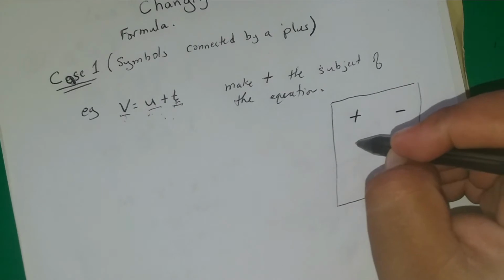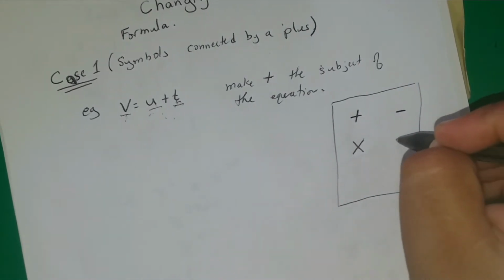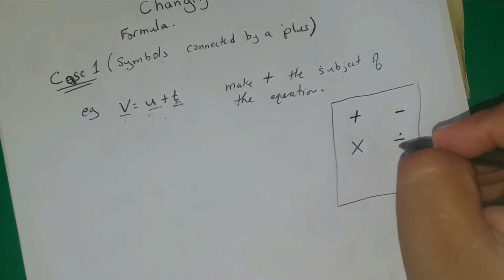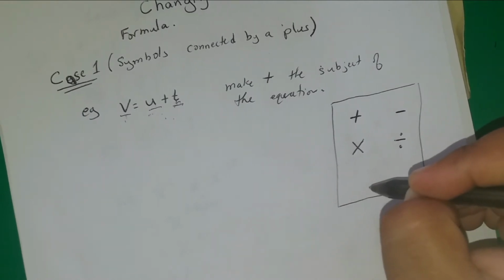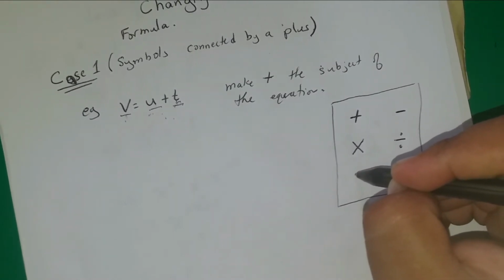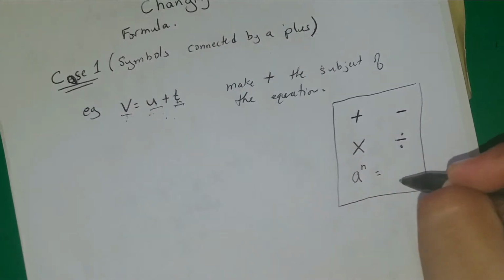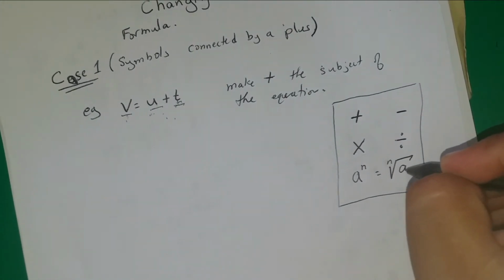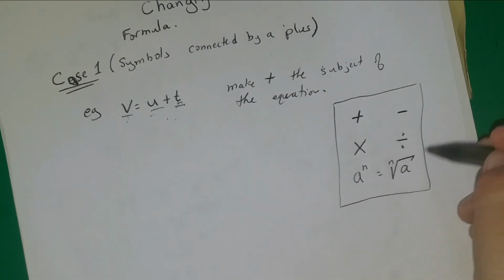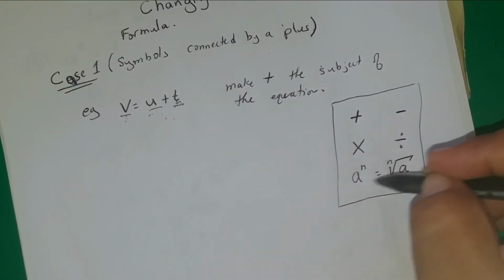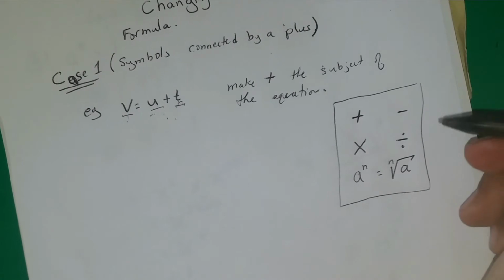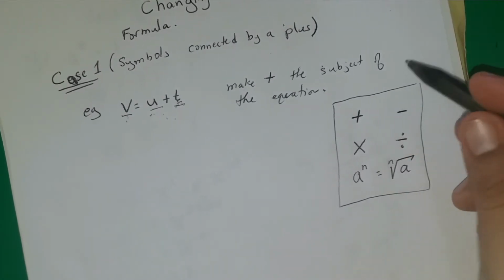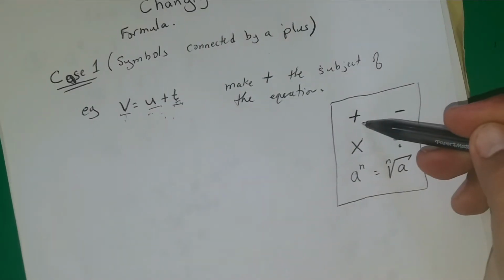If you see multiplication, the opposite of it would be division. If you see powers, let's put it as a to the n, then the opposite of it would be the nth root of the number, right? So try to remember this. We will take a look at the nth root and all of that later on, but we want to focus on the first one, which is whenever you have a plus.